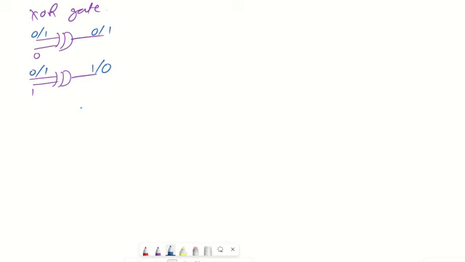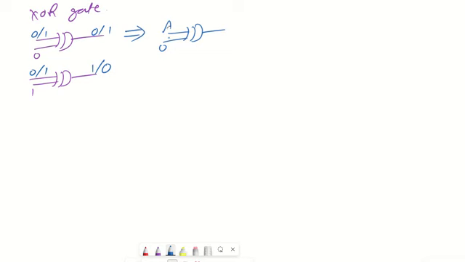Now what is happening here? Can you see that whenever one input is tied to 0, 0 is giving you 0 and 1 is giving you 1, so it is nothing but acting as a buffer. Let us write it down. This is my XOR gate, and this input is tied to 0.